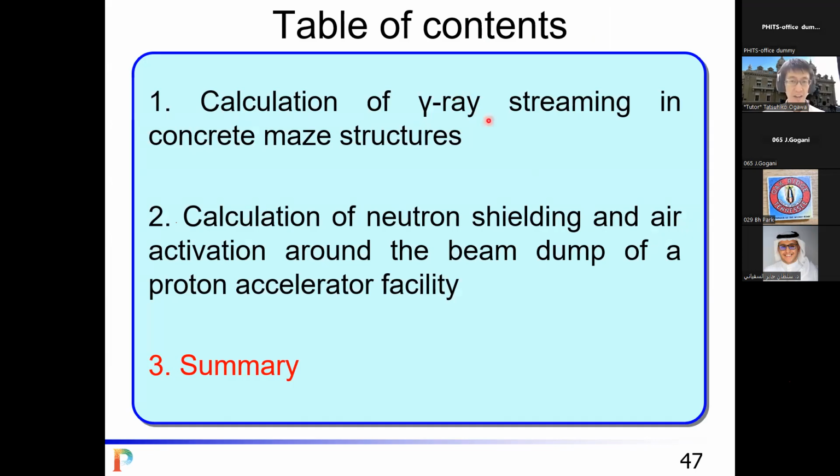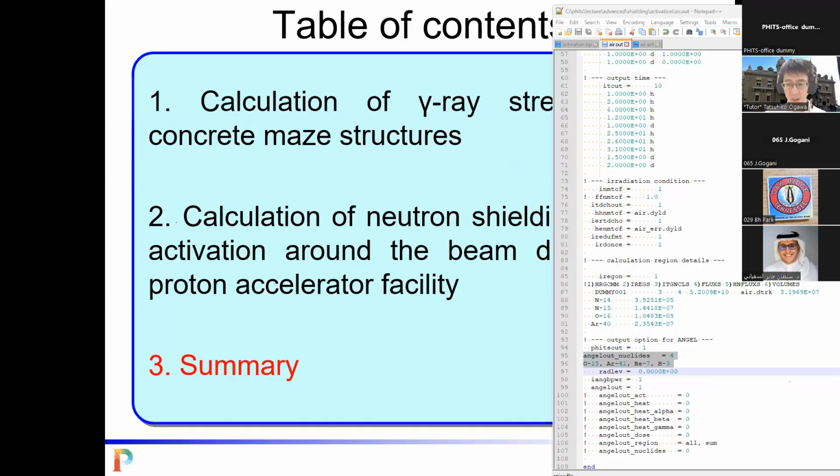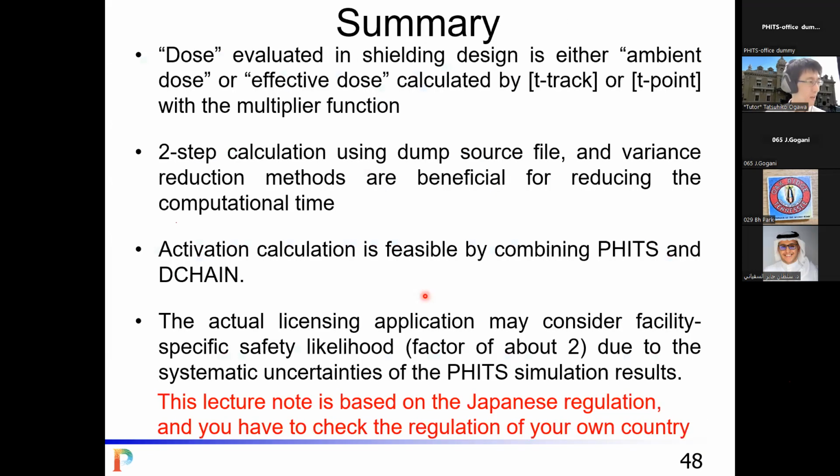So we are at the end of this long exercise. Throughout this exercise, we practiced a very practical shielding calculation. Dose evaluated in shielding design is usually either ambient dose or effective dose calculated by T-Track or T-Point with a multiplier function. This time we used multiplier ID -202, which is effective dose.